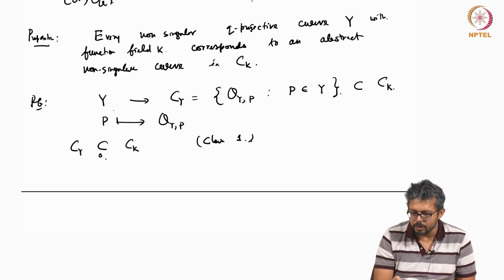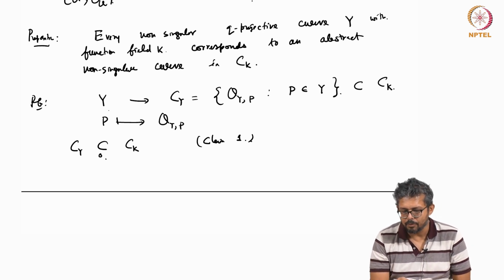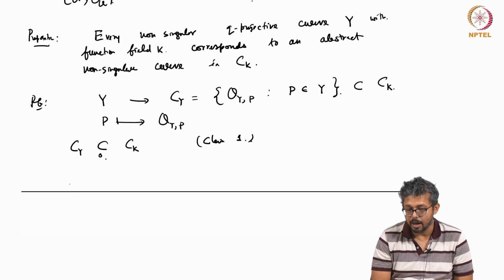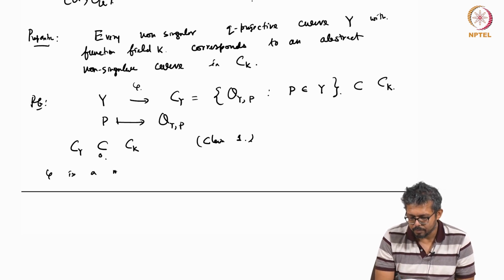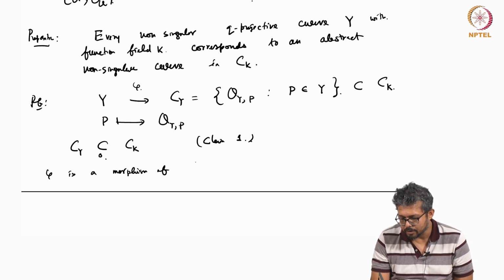And claim 2 is that this map, if I call this phi, phi is a morphism of abstract algebraic varieties, abstract non-singular curves.